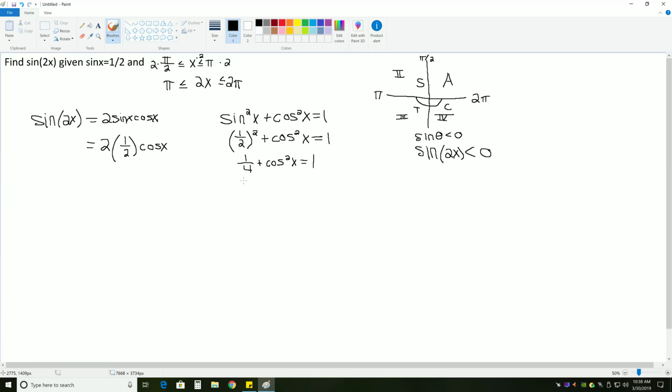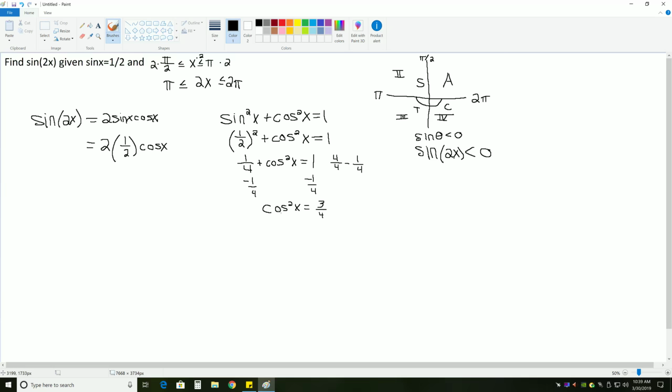We'll then subtract 1/4 from each side of the equation, leaving us with cosine squared x equals 3/4. Just a quick reminder, 1 minus 1/4, we could rewrite 1 as 4 over 4 minus 1/4, which gives us that 3/4.